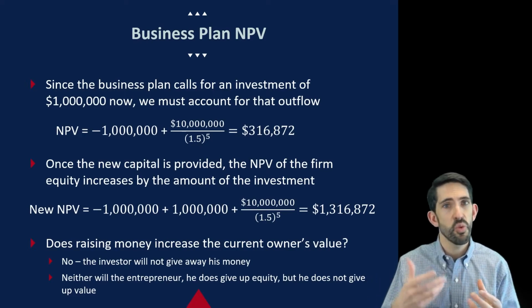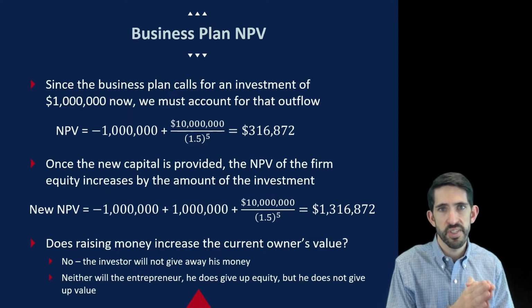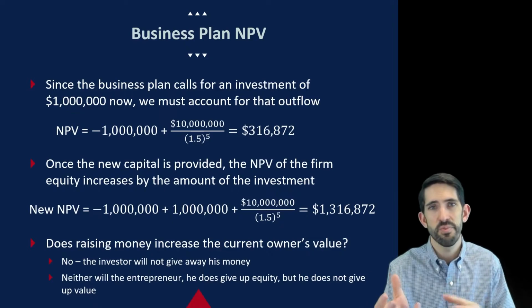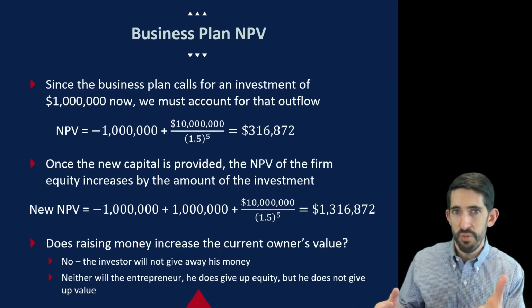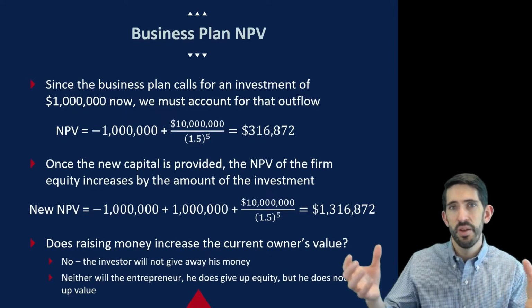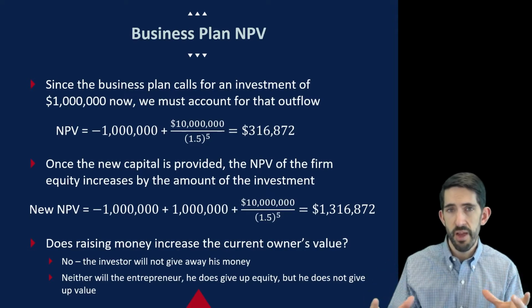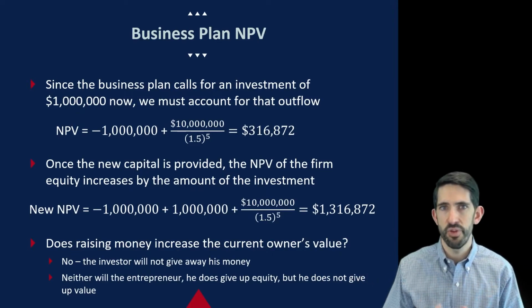They still own 24% of that bigger company, and their value is still that $316,000. It's just now they partially own that investment plus the business plan, and their investor now owns a majority of the business plan and the capital, but bringing them together means that they didn't necessarily exchange value. They just combined resources to create a bigger pie that now they both share.